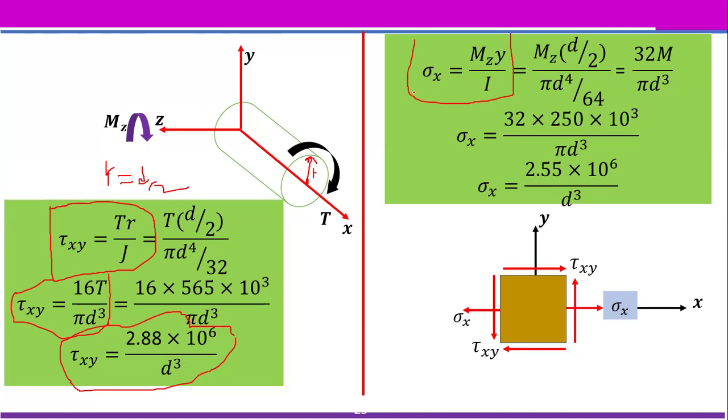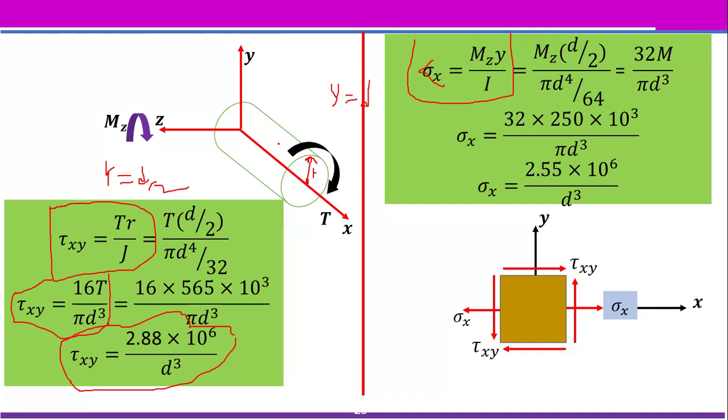And y is again the distance to the point that is considered from the neutral axis. The neutral axis is found at the center of the shaft. And always our design is based on maximum stresses. So this sigma x is maximum when y is maximum. y is maximum when it is equal to d over 2, which is at the outer periphery of the shaft.